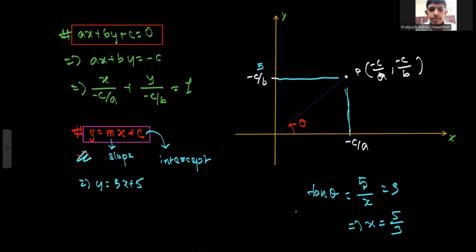Tan theta equals 3. But we found the intercept also. This is 5 by 3. Yes. This is also another way of doing them. But I prefer this, as this works everywhere. It is very useful, and this is also very useful.